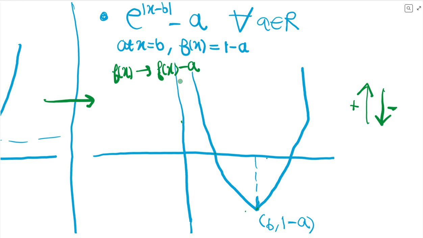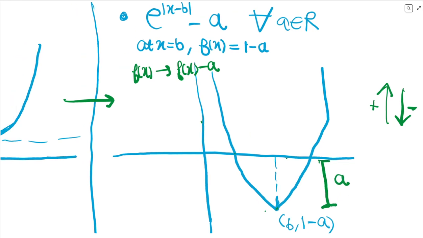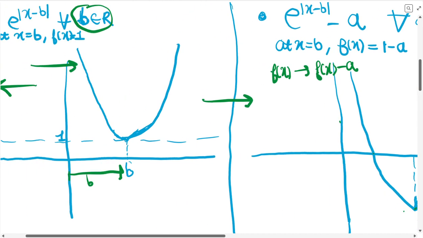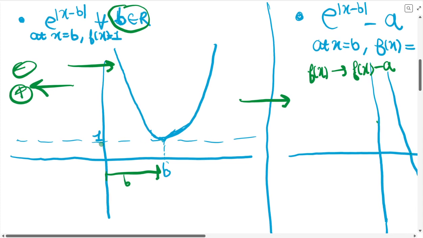Right now we have minus a, so the graph is going to shift downwards by a units, right? So why have we written 1 minus a here? Because initially it was not at the origin, remember, it was shifted. It was 1 unit above.